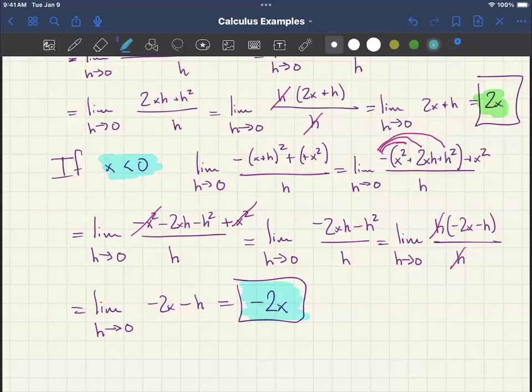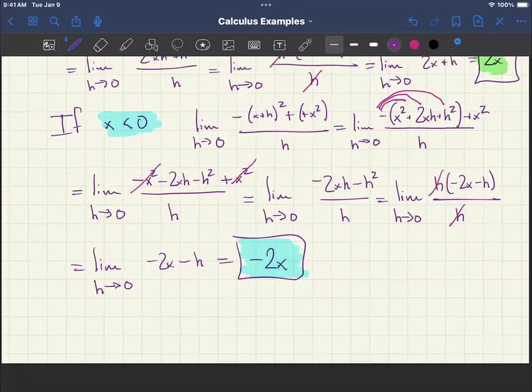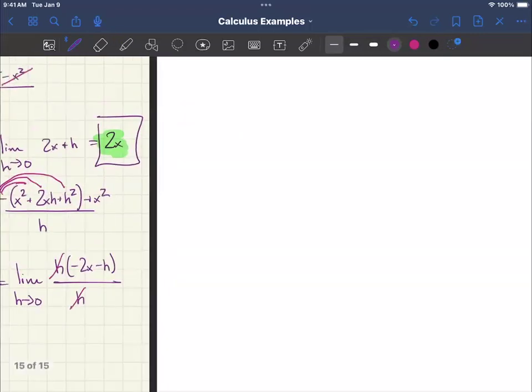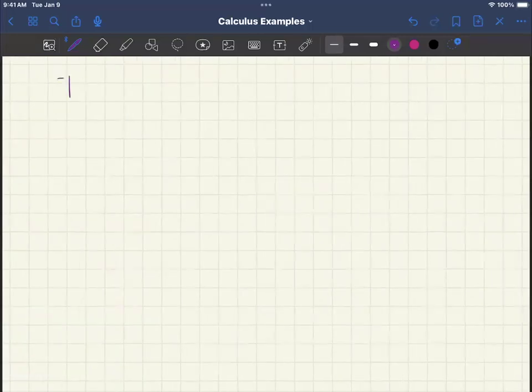Now we have one more case that's going to happen. And this one, let's go on to the next page. If x is equal to 0, and we want to do this one slightly different. We're going to set it up slightly different, but it's still going to have a similar setup and everything.